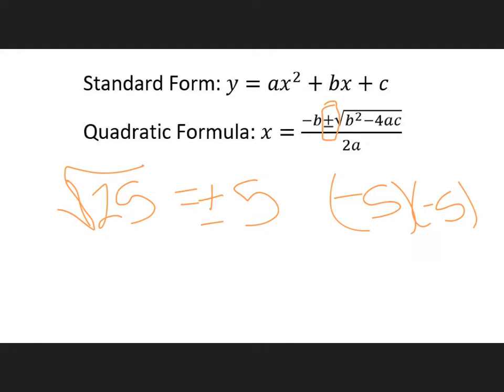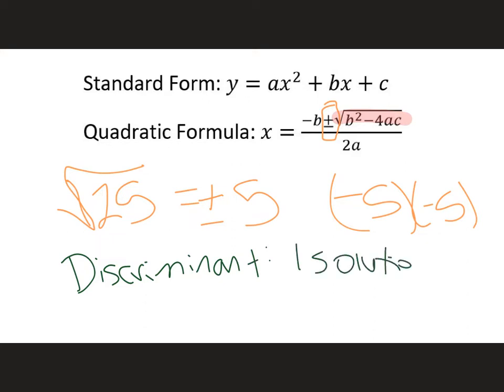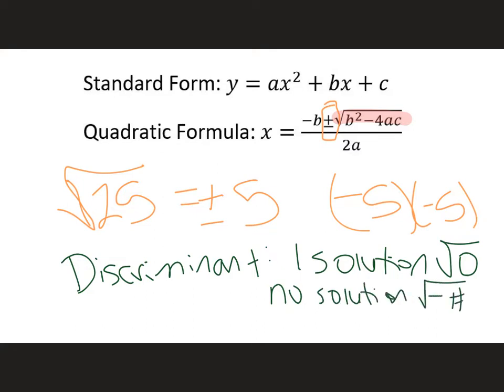The part under the radical is called the discriminant. Your discriminant allows you to tell how many solutions you'll have. If it's the square root of a negative number, any negative number, there are no real solutions, because there's nothing times itself that will ever be negative.